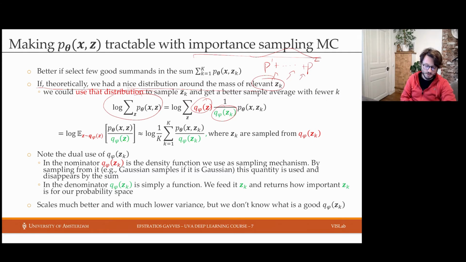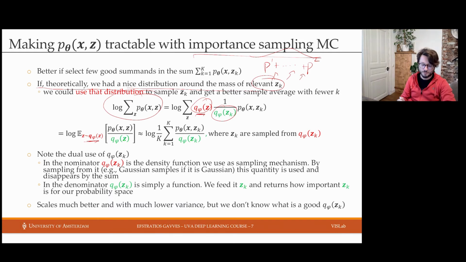And now we can rewrite this as an expectation again. Mind you, here the dual use of our Q phi. The red one is used as our probability density function from which we're going to sample our expectation. So it is used as a sampling mechanism.